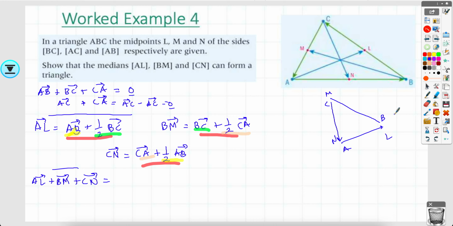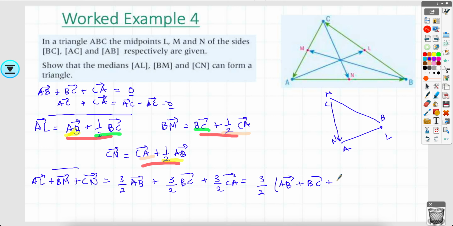So just to simplify, I end up getting 3 over 2 AB plus 3 over 2 BC plus 3 over 2 CA, and taking a factor of 3 over 2 out, I end up with these, which if we go back to the beginning here, we know add up to 0 because AB, BC, and CA is the original triangle.